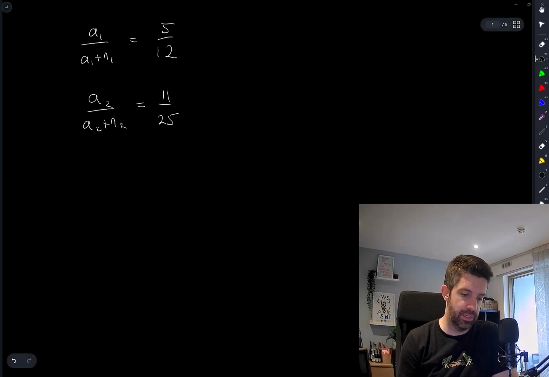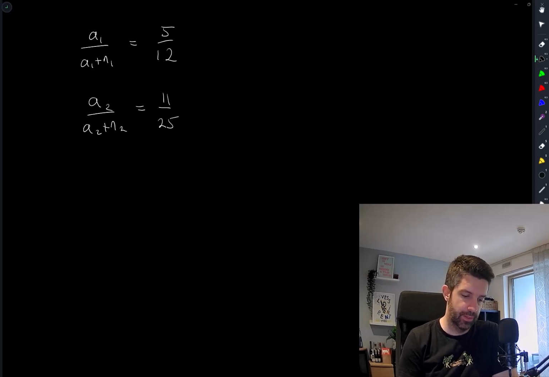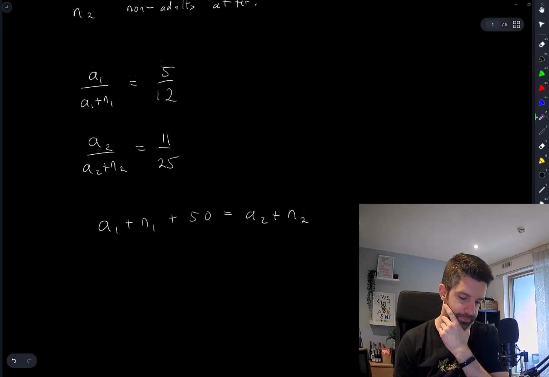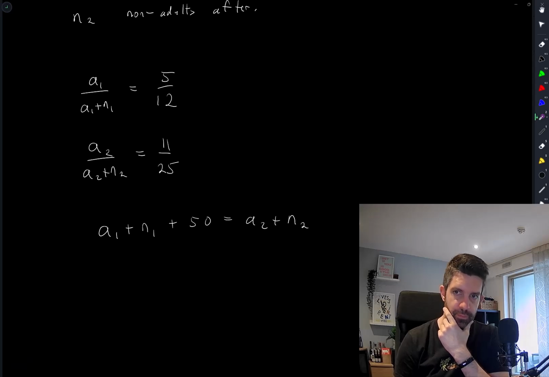And then I guess we have that the number of people before plus 50 is equal to A2 plus N2. Right? 50 new people. Could be some mixture of adults and non-adults.